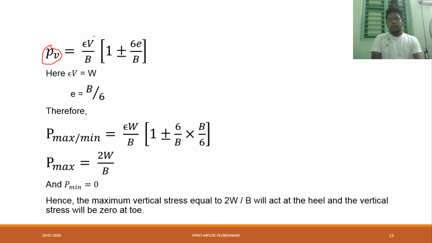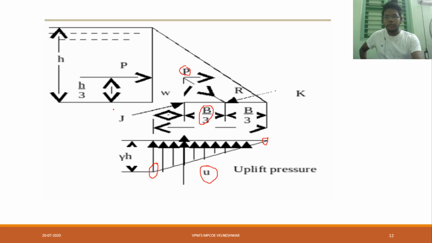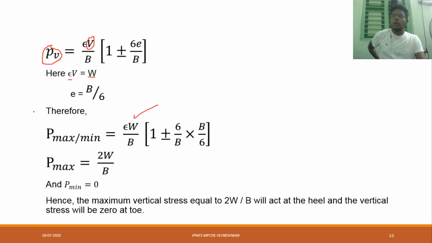Instead of V, we will take W, so sigma V is nothing but W, and E is equal to B by 6, exactly at B by 6 location. This is our eccentricity value as per provisions.